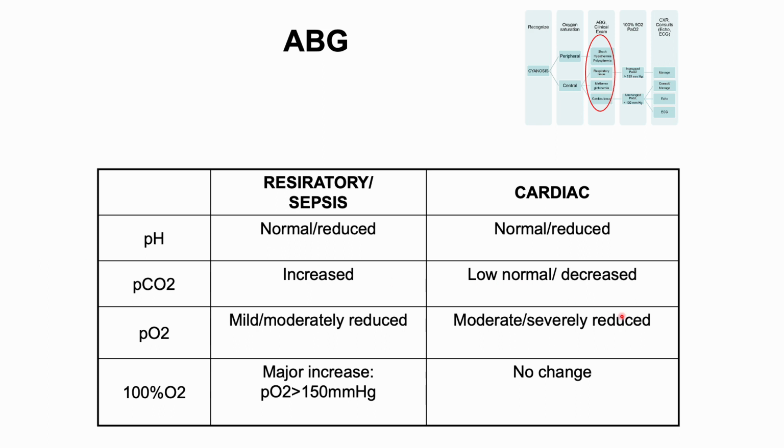So a PO2 that is moderate to severely reduced with a low normal or decreased PCO2 with no change on the PO2 with hyperoxygenation with 100% O2 points more towards a cardiac cause of the cyanosis.